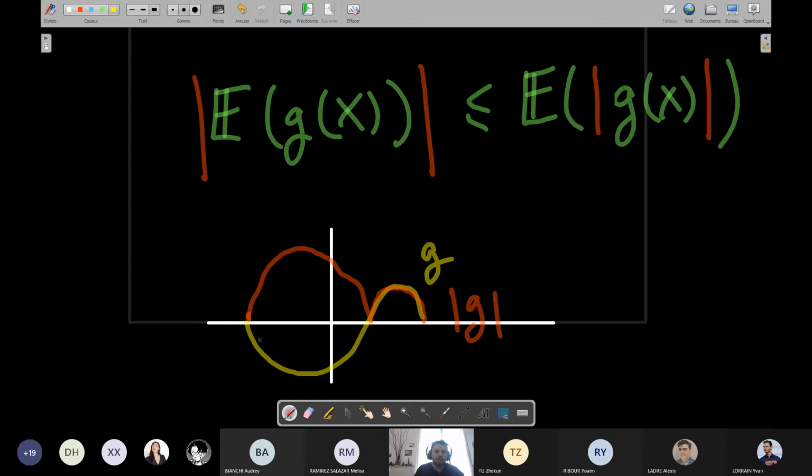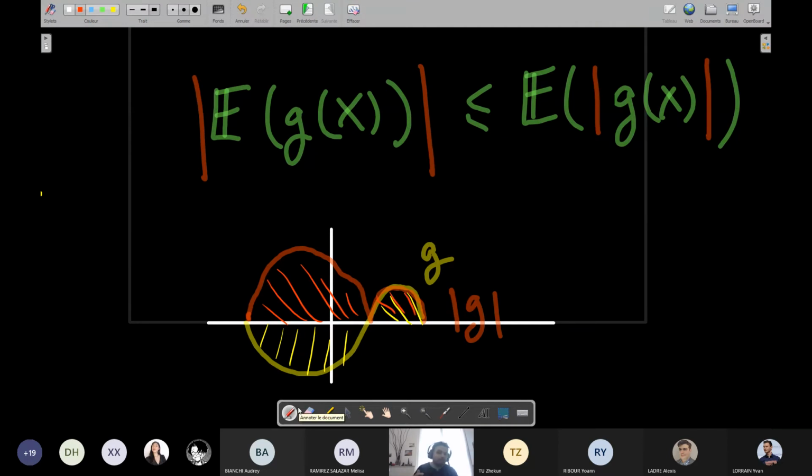It's the area under the curve. This area is negative, this one is positive, so the difference is smaller than the sum, smaller than this one.